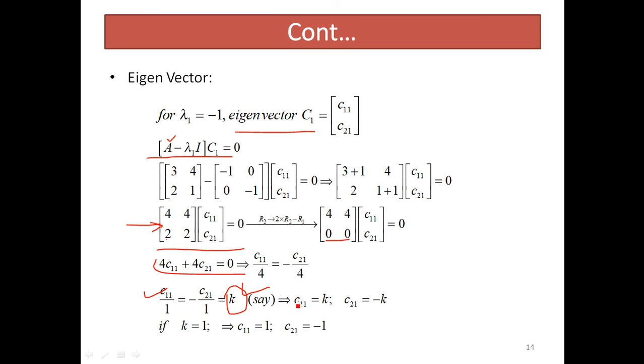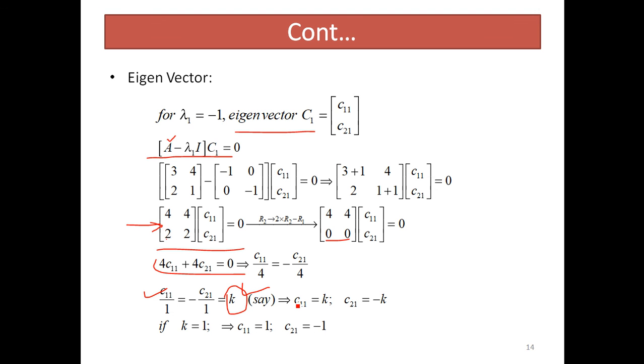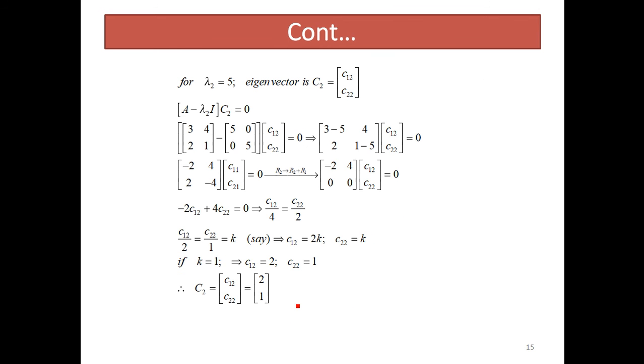Similarly, for the next or second eigenvalue, I think it is 5, so lambda 2 is equal to 5. Now we have to calculate the value of the eigenvector. If it is defined as C2 and its elements are C12, C22 for lambda 2 equal to 5, then again it should satisfy the condition (A minus lambda 2 I) into C2, the eigenvector, equal to 0.